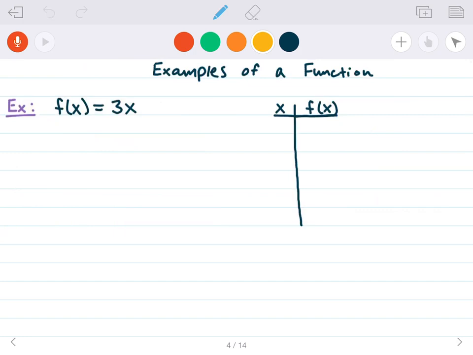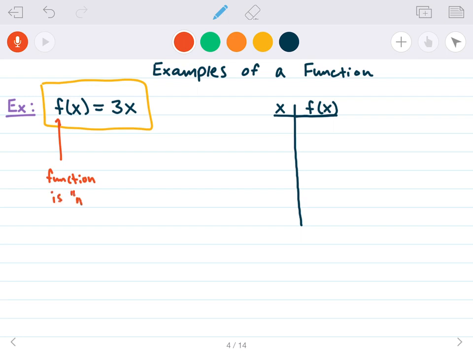So let's talk about function notation. We have a function right here, and we don't have any inputs yet because we haven't made them up, but we know a few things. On the left side of this equation, the function's name is f.